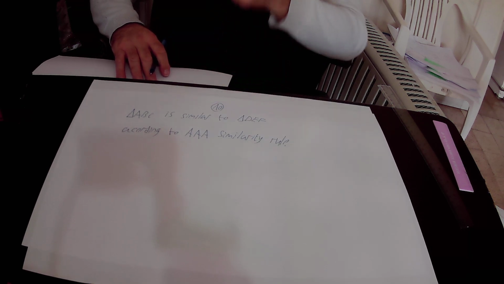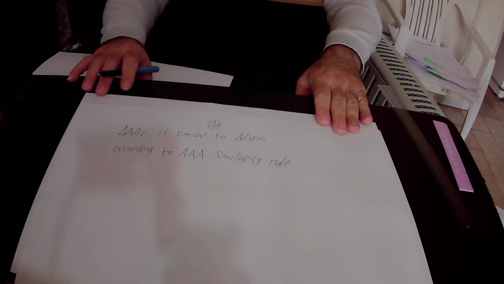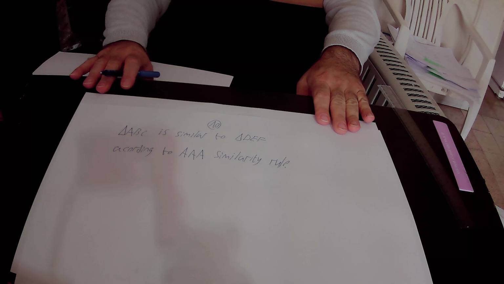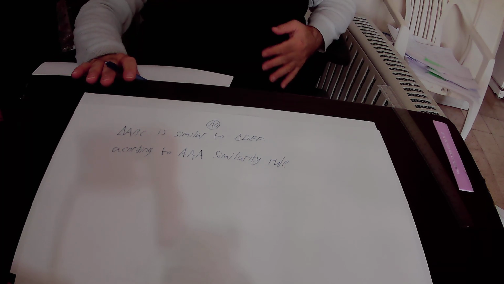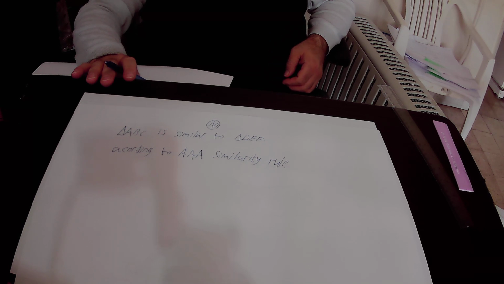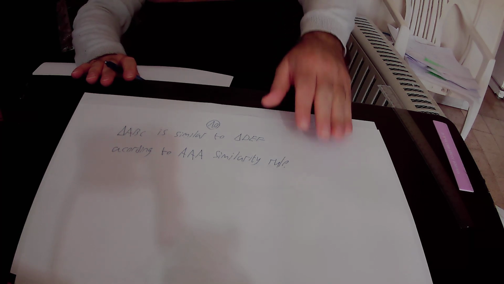We proved that triangle ABC is similar to triangle DEF according to angle similarity rule. So, what is angle similarity rule? When you prove that all three angles of one triangle are congruent to all three angles of the other triangle, you actually proved that those two triangles are similar to each other according to angle similarity rule.